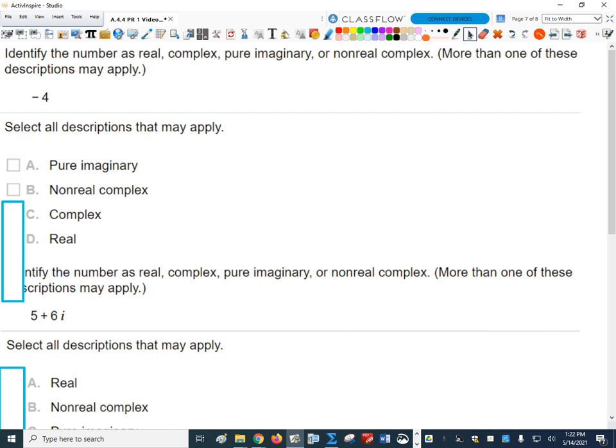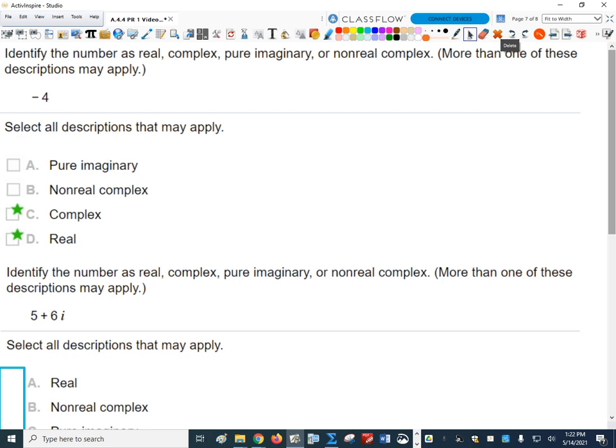Okay, let's work our way around here. Paige, what do you think? Is it complex? It is, you're right. In fact, every number is complex, right? Every number falls into that big set on the previous page. Is it real? It is, isn't it? Okay, good.